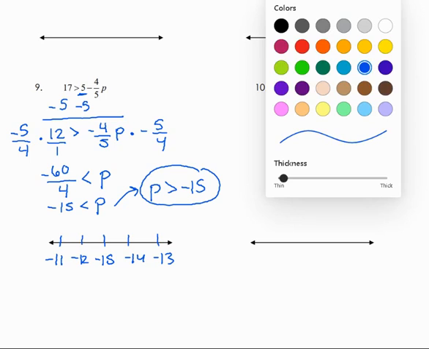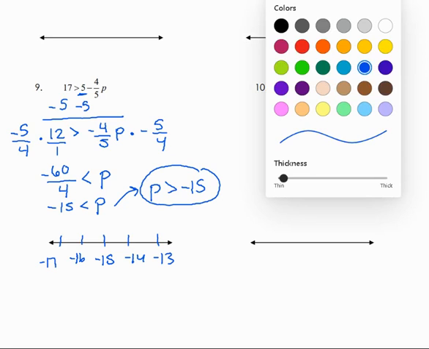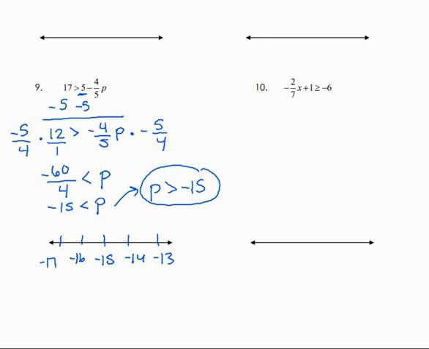So negative, whoa, sorry, I just totally did that wrong. I was looking at the wrong number. There we go, negative 16, negative 17. So we have our number line, and now we can go ahead and sketch that. So open circle, because we're just greater than, and to the right.